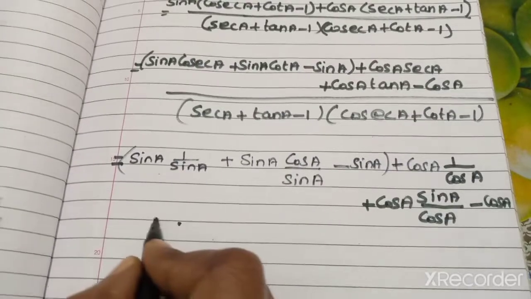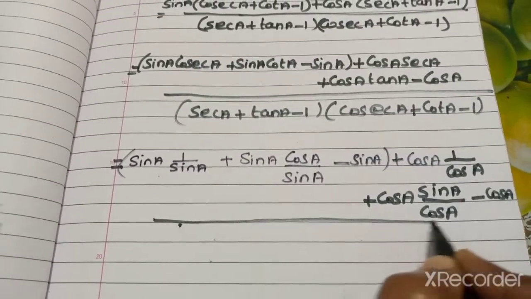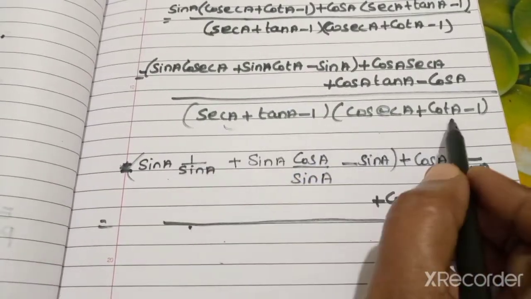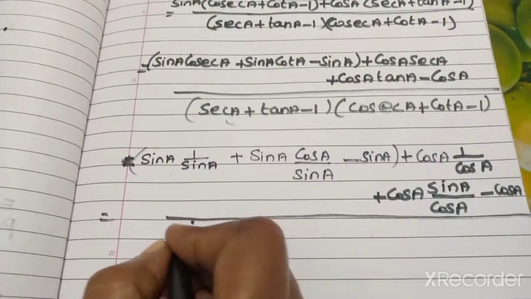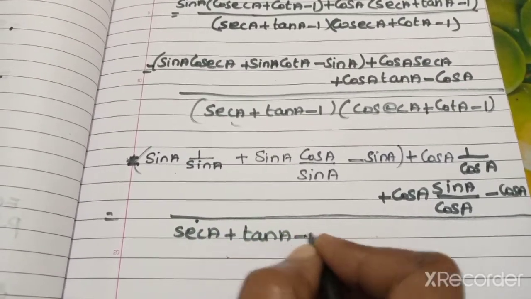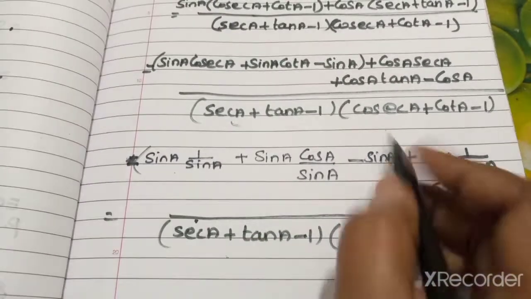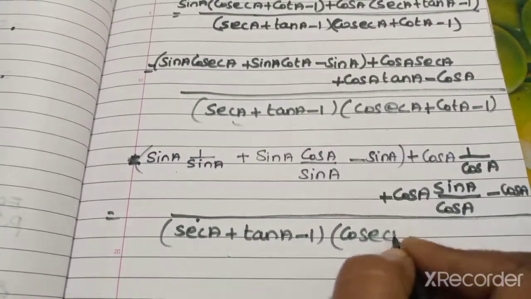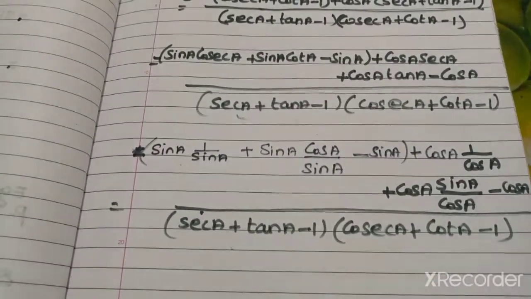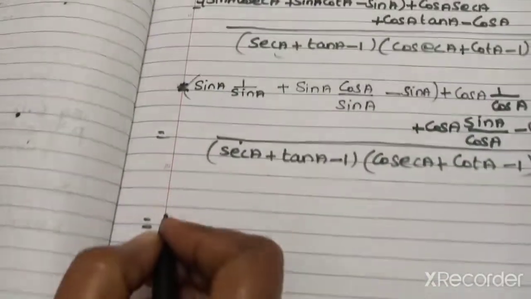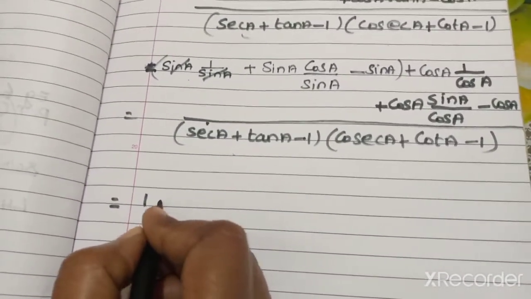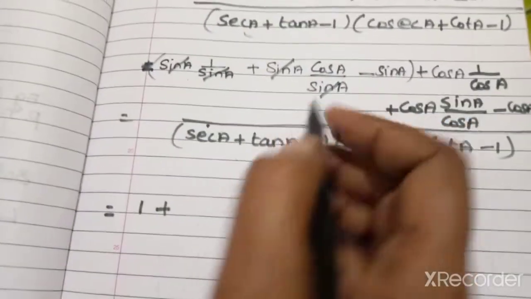Then denominator as it is, let's write, okay. This equal sign, let's write here. Denominator, these denominators, both the terms as it is, right. We have secant A plus tan A minus 1 into this one cosecant A plus cot A minus 1, which is equal to, here what are the terms can be cancelled now? Sin A, sin A. So 1 is there, 1 plus, here sin A can be cancelled.